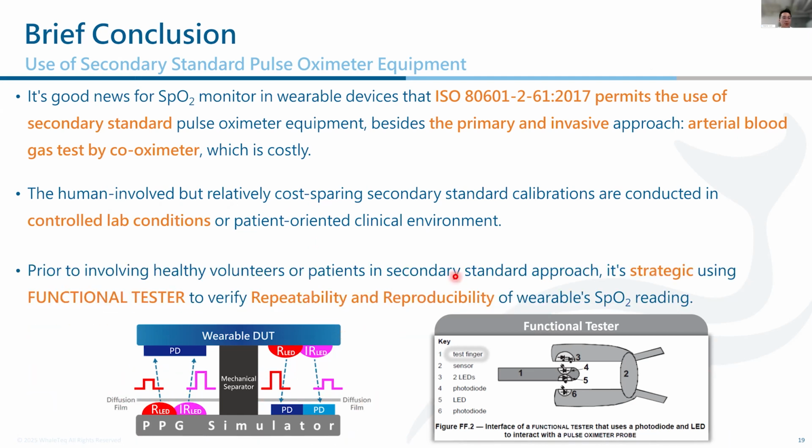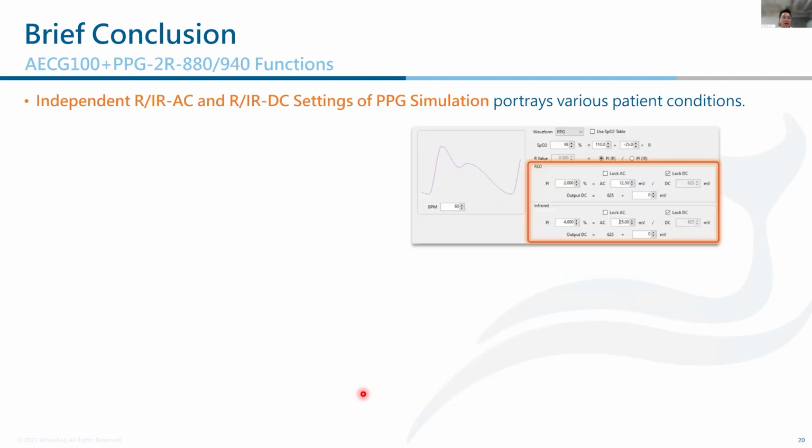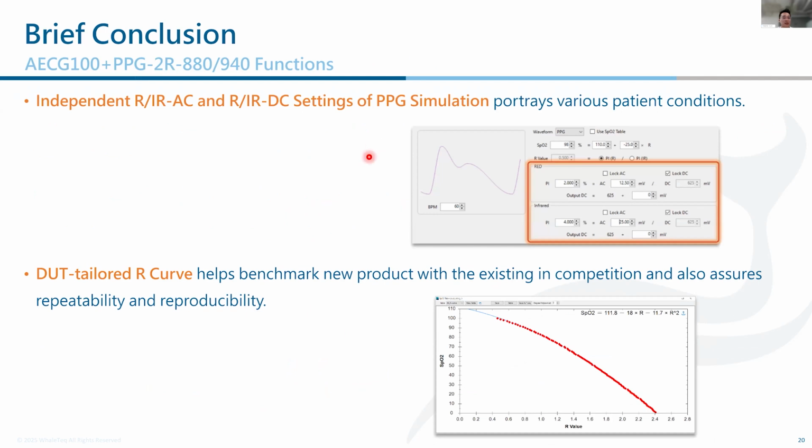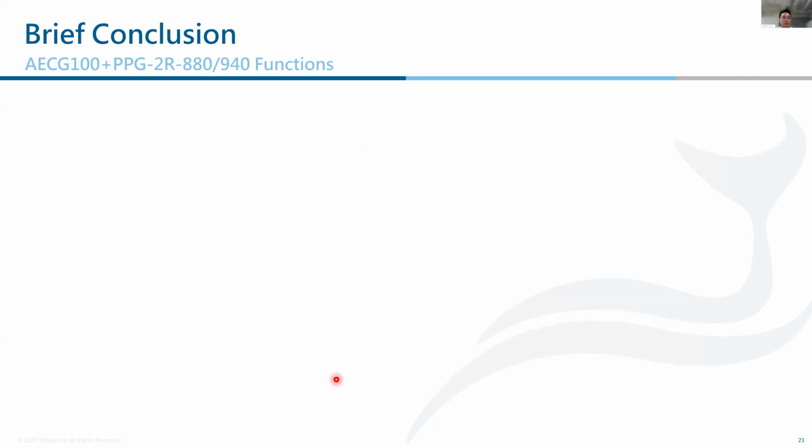And prior to doing these kinds of human-involved calibrations, it's very strategic to use a functional tester, as mentioned in the standard. And rather than the transmitted test interface, here is the reflectance test interface. And we are using a very flexible parameter GUI, also a very helpful tailor feature to support development and quality control.